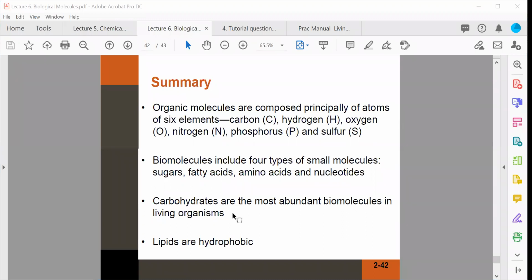All right, the most abundant biomolecules in living organisms are the carbohydrates. But if we just think about any type of molecule, what would be by far the most abundant molecule? So we're no longer talking about just biomolecules, just any type of molecule. What would be the most abundant molecule in any living organism?